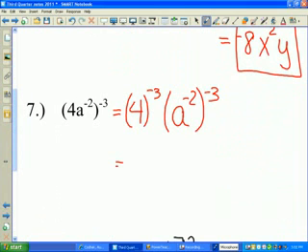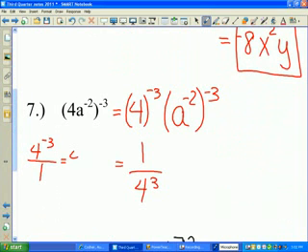So first things first, 4 is being raised by a negative exponent. That means that 4 to the 3rd power has to go down into my denominator in order for that exponent to be positive. Over top, in the numerator, I'm going to put a 1.